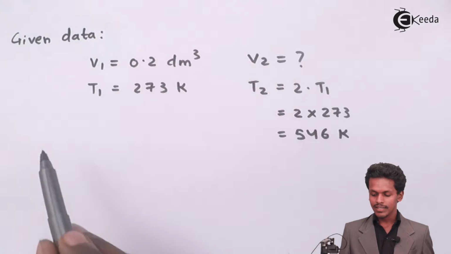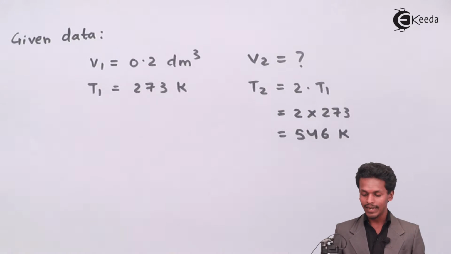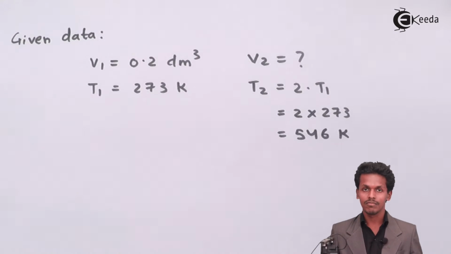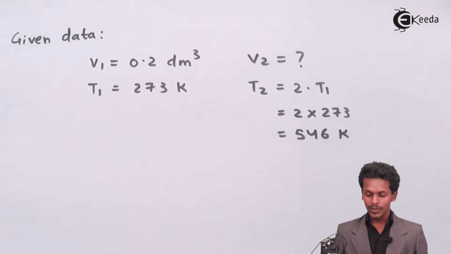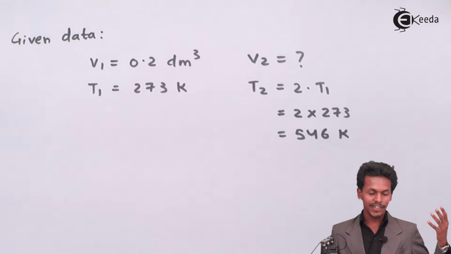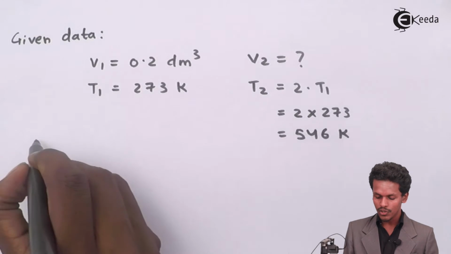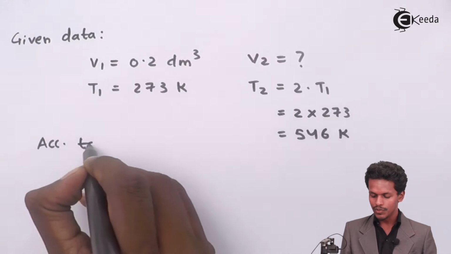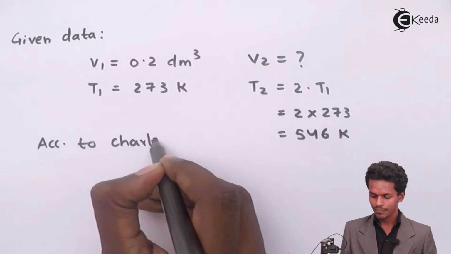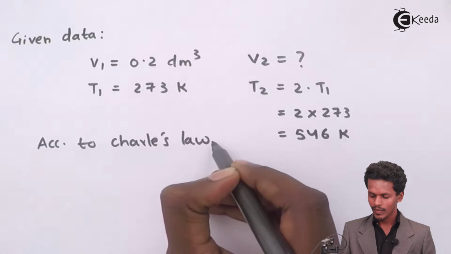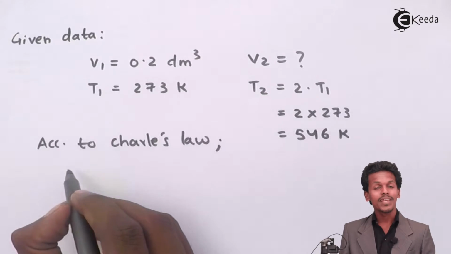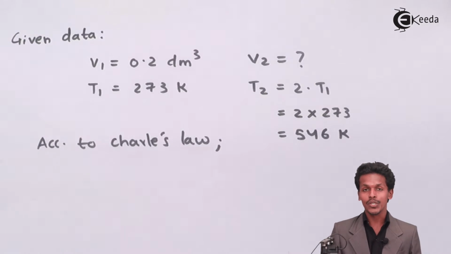So the values are provided and we have to calculate V2. Because they have mentioned the pressure to be constant, they are asking about Charles law. According to Charles law, volume is directly proportional to temperature.